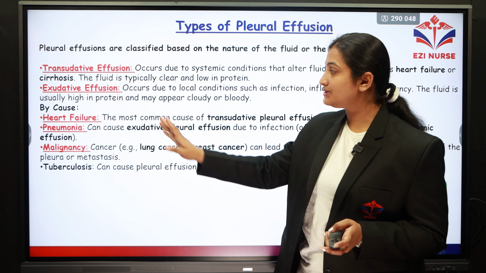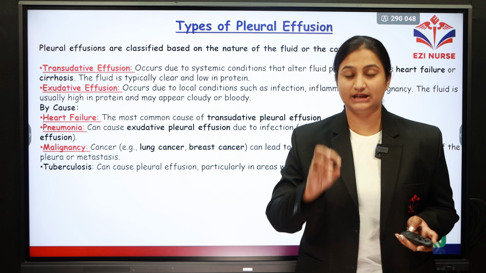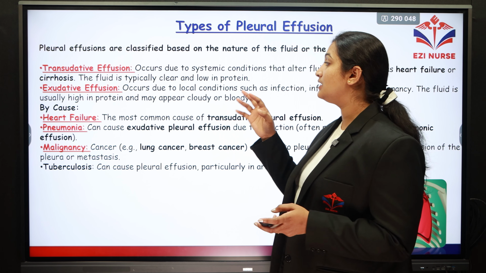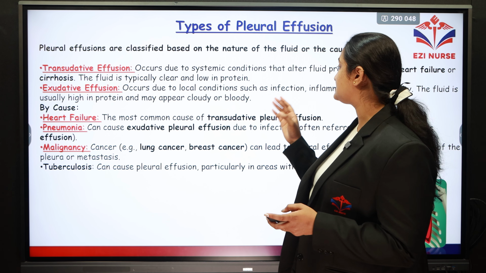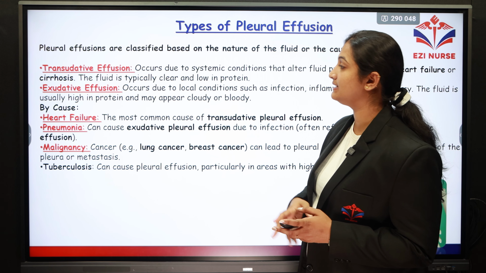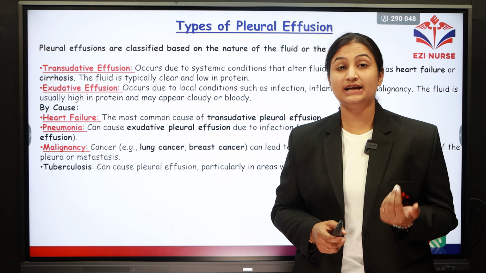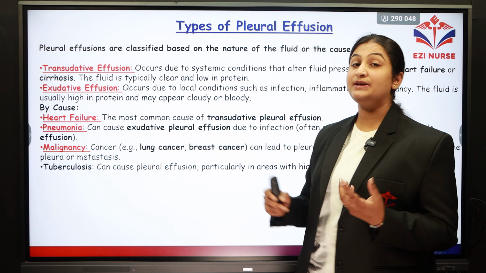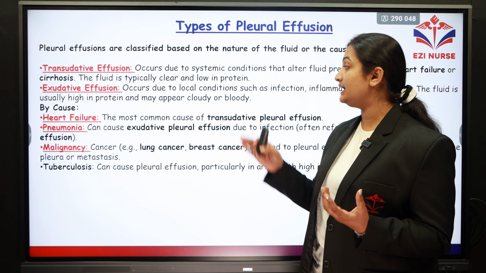Then exudative effusion occurs due to local conditions such as infection, inflammation, malignancy, and here you can see a very high level of protein, and the fluid may sometimes appear cloudy and bloody.